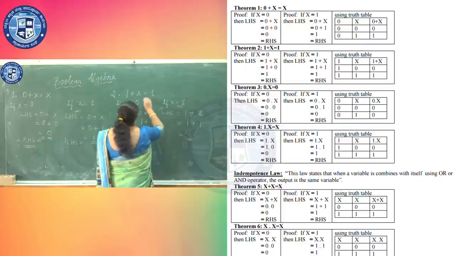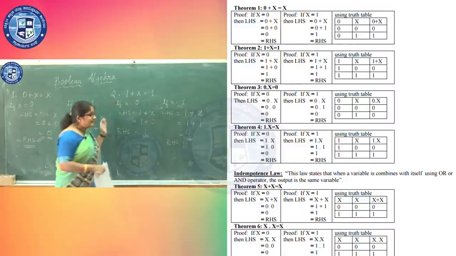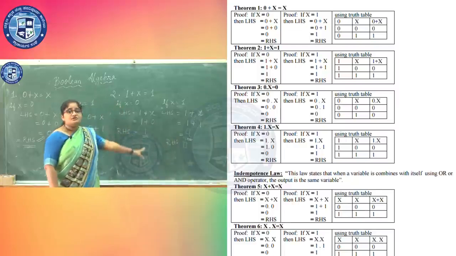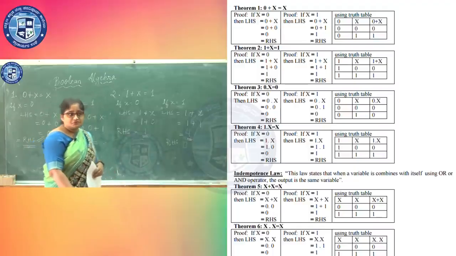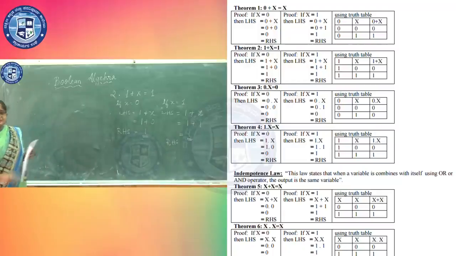So that is nothing but the RHS. Left hand side is equal to the right hand side. This is how we are proving it. These are the two theorems we proved. Next we shall prove the third theorem.